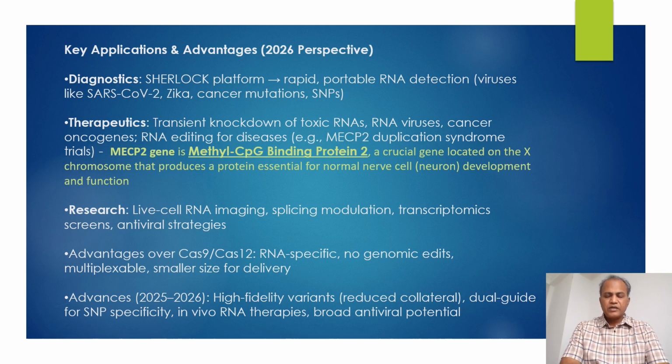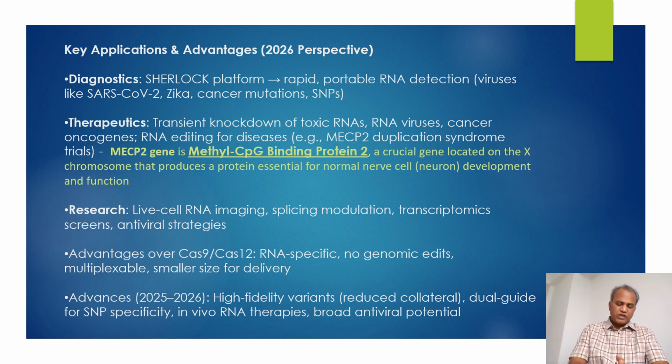It's a crucial gene located on the X chromosome and it produces an important protein essential for normal nerve cell function, that is, neuron development. Next, what research does it support? Live-cell RNA imaging, RNA splicing and modulation of RNA, and it plays a vital role in transcriptomics and antiviral strategies.